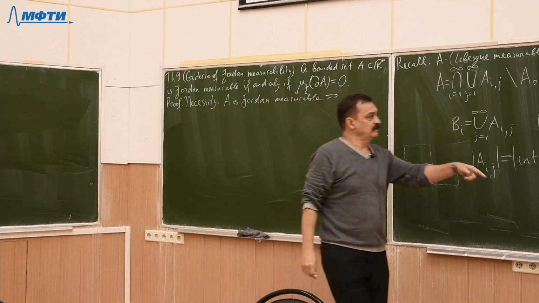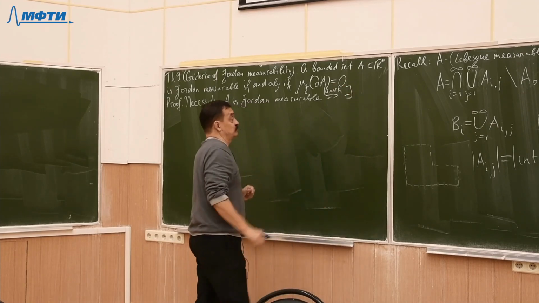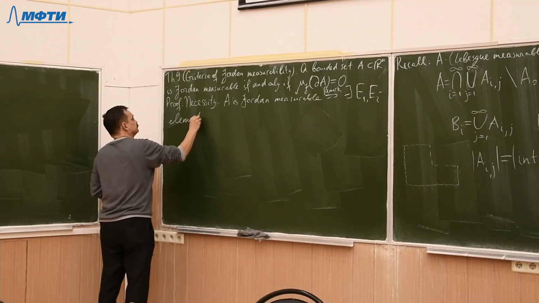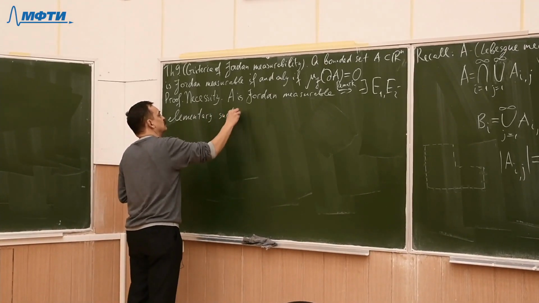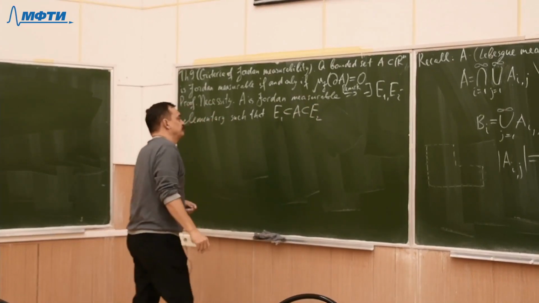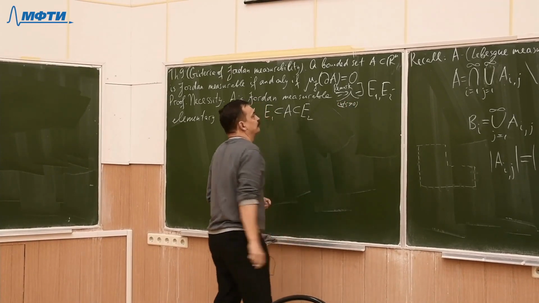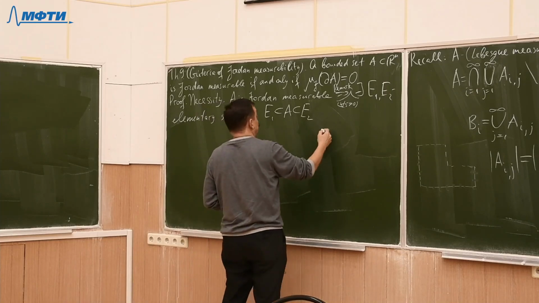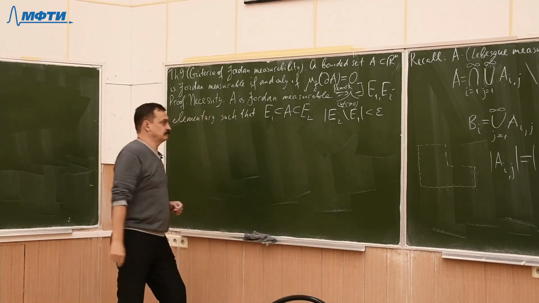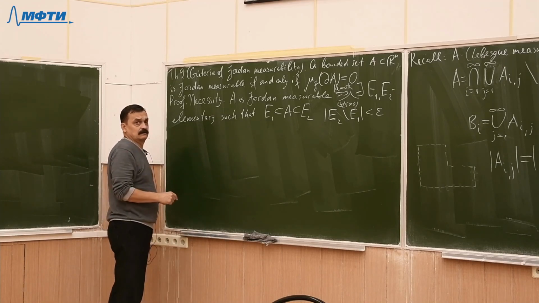Then, by the remark which I mentioned, there exist elementary sets E1, E2 such that E1 is a subset of A and A is a subset of E2, and I forgot to insert: for arbitrary epsilon greater than 0, such that the volume of the difference is less than epsilon.